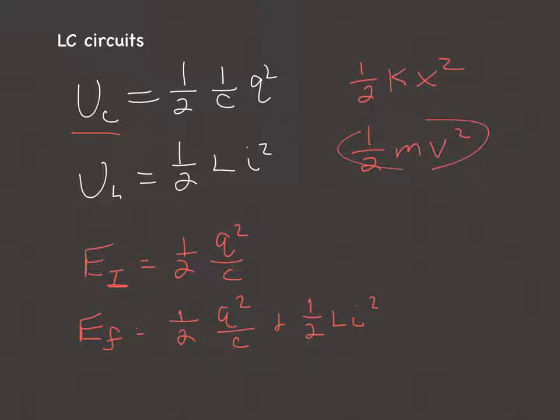If we're going from max to min for the maximum current, there would be no charge on the capacitor at all, so this would end up going away, so that the total before would have to equal the total once the switch is closed.